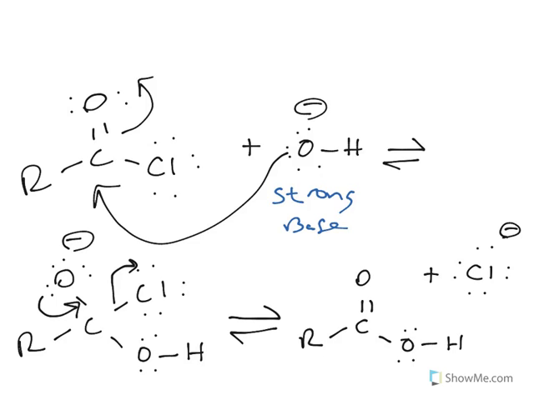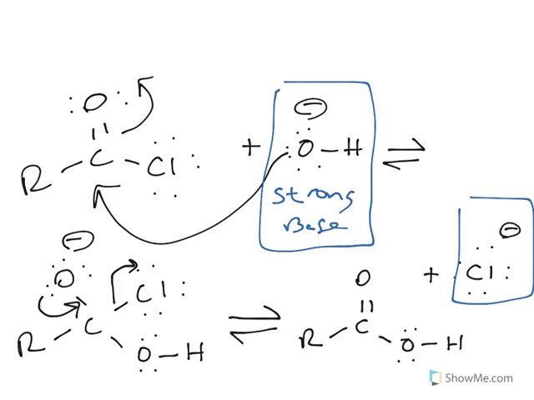All right, so who are we trying to compare here? We're going to compare hydroxide and chloride. Which one's the stronger base? Hopefully you guessed that the stronger base is hydroxide, and chloride is an extremely weak base, right? Because its conjugate acid, hydrogen chloride, or HCl, is a strong acid, so chloride is a weak base.